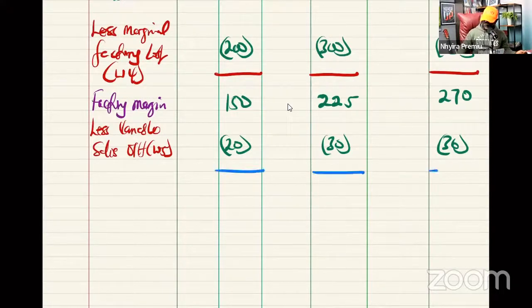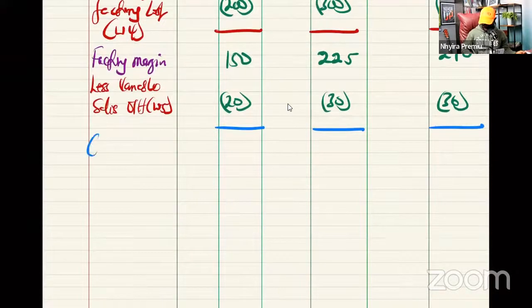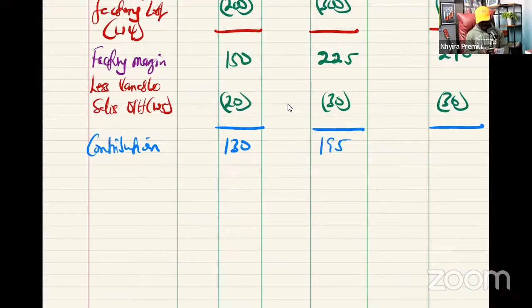So we now have contribution here. So 150 minus 20 will be 130. This is going to be 195, I guess. Let's confirm that: 225 minus 30, yeah. And then this is 36.